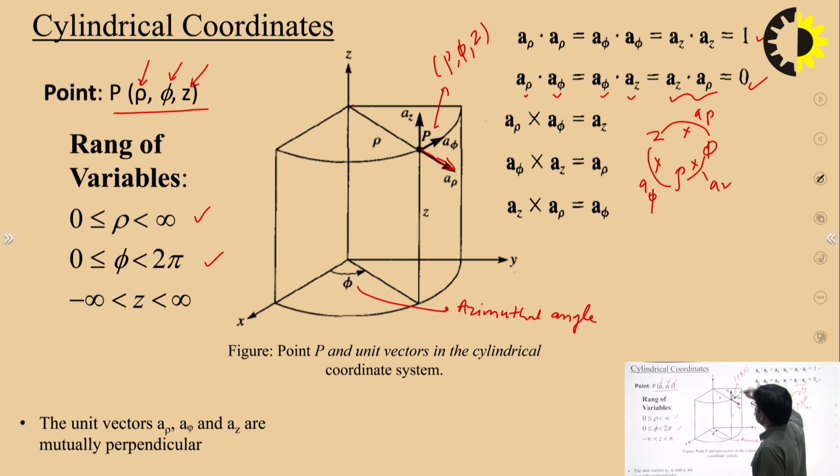This is the direction of az, and the tangential component of the cylinder is always a phi, right. So these are the unit vectors in the cylindrical coordinate system, represented by a rho, a phi and az, and all are perpendicular to each other. So this is the cylindrical coordinate system.